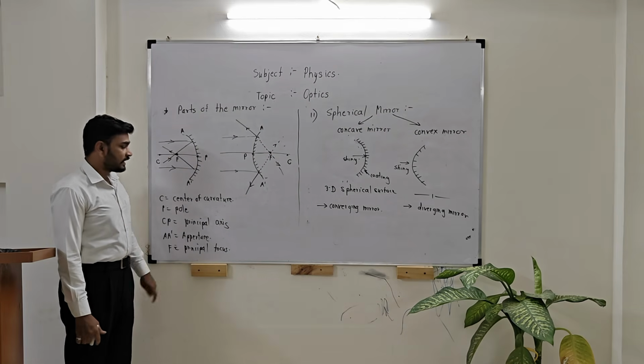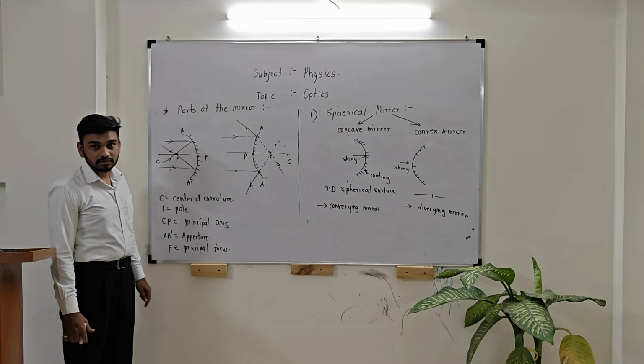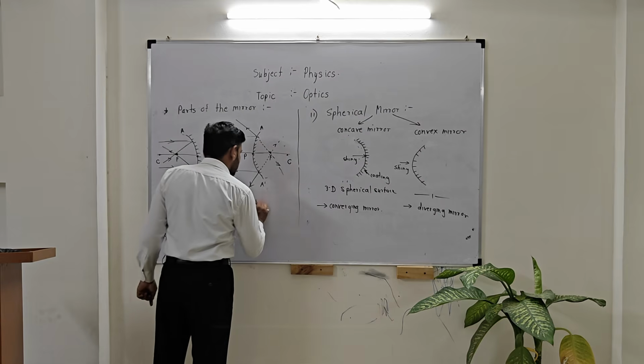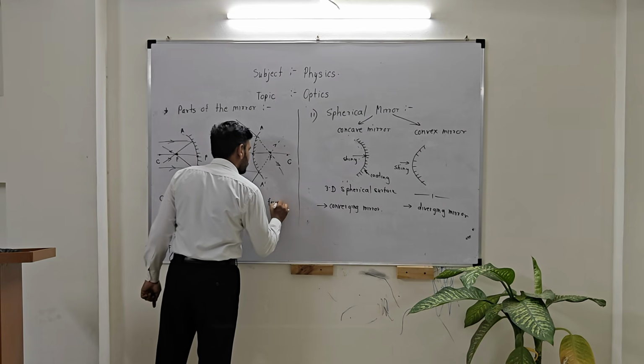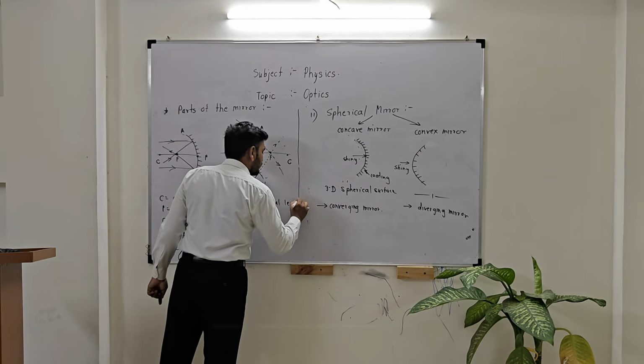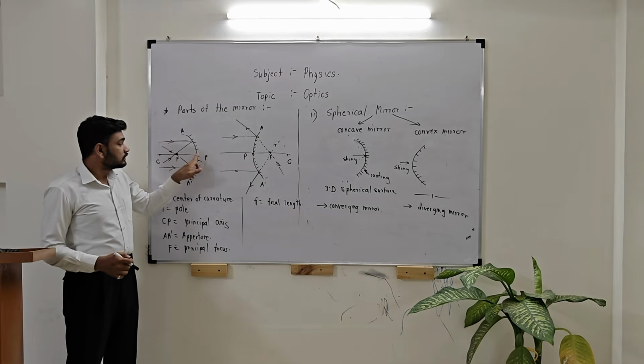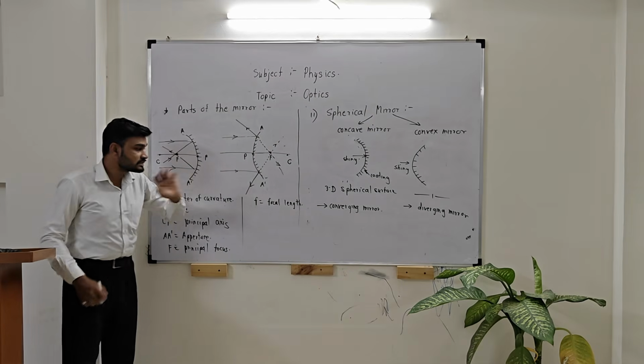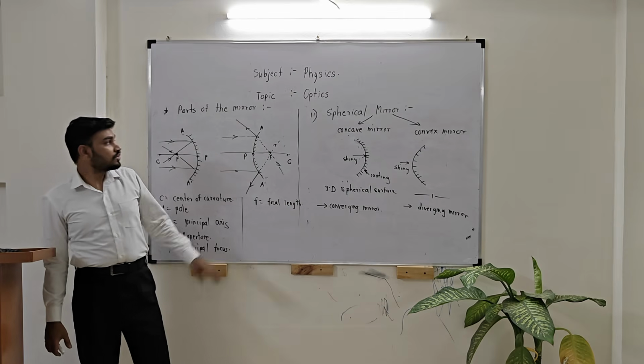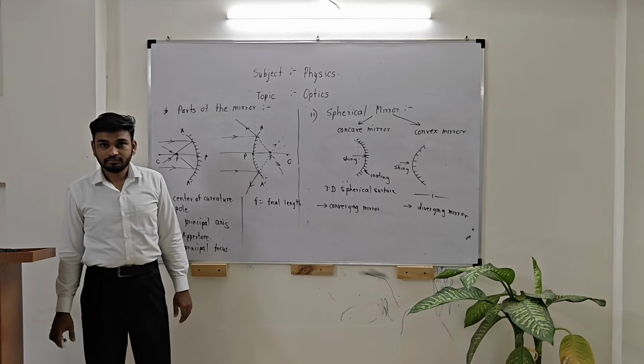The next part is F, the principal focus, and the last part is small f, the focal length. The distance between the pole and the principal focus is known as the focal length. So these are all the parts of the mirror.